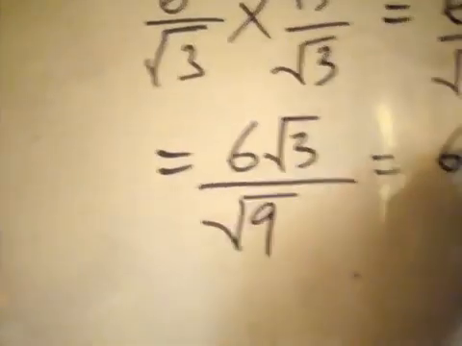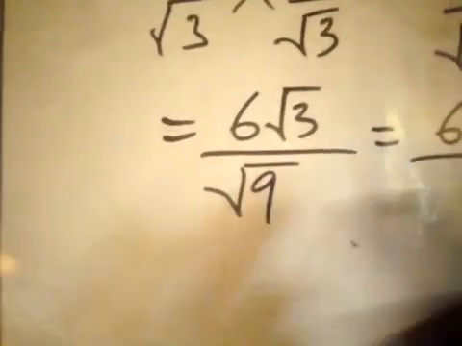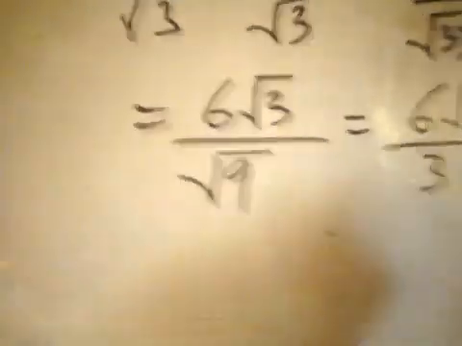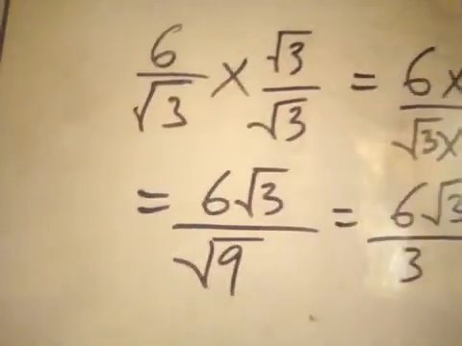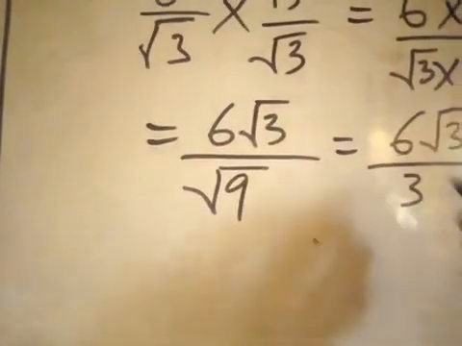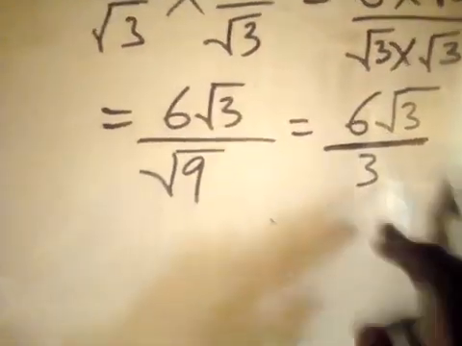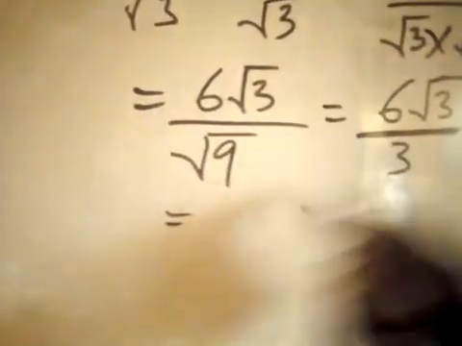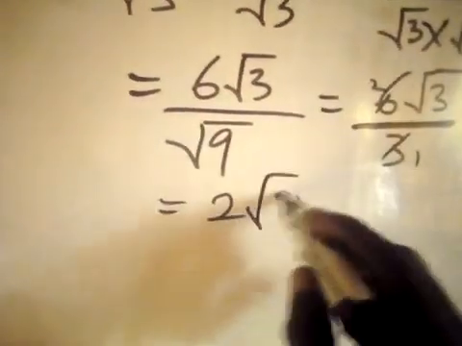So you have 6 root 3 over the root of 9, which will give us 3. You understand that now? So from there, since this whole number and this whole number are still divisible, you can divide. So you have 3 here 1, 3 here 2. So you have 2 root 3.